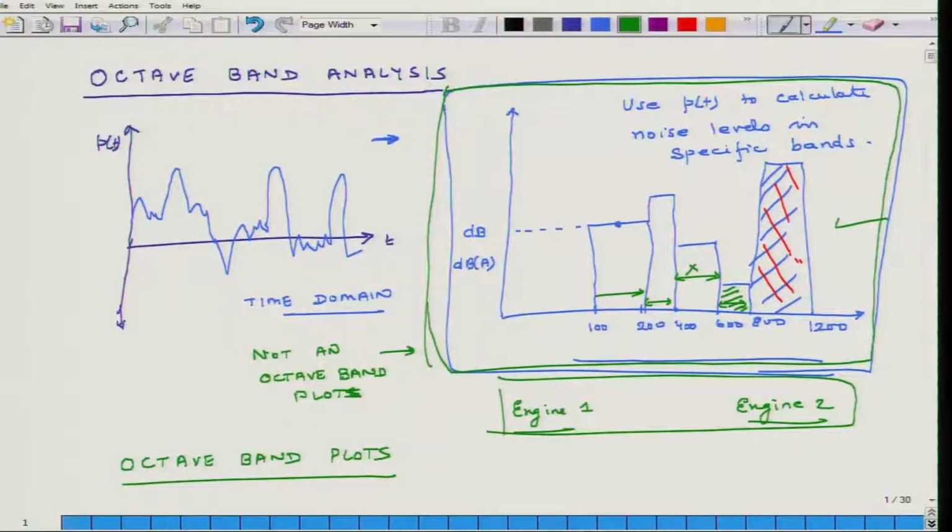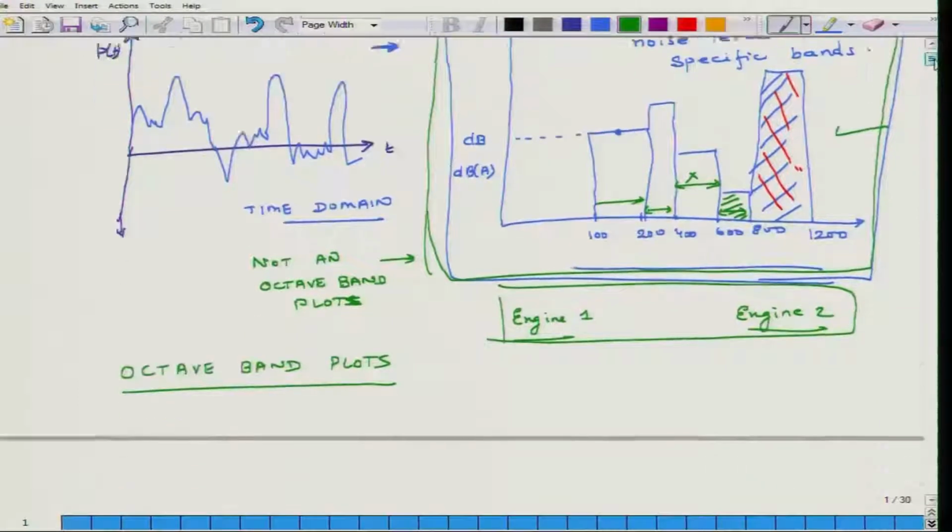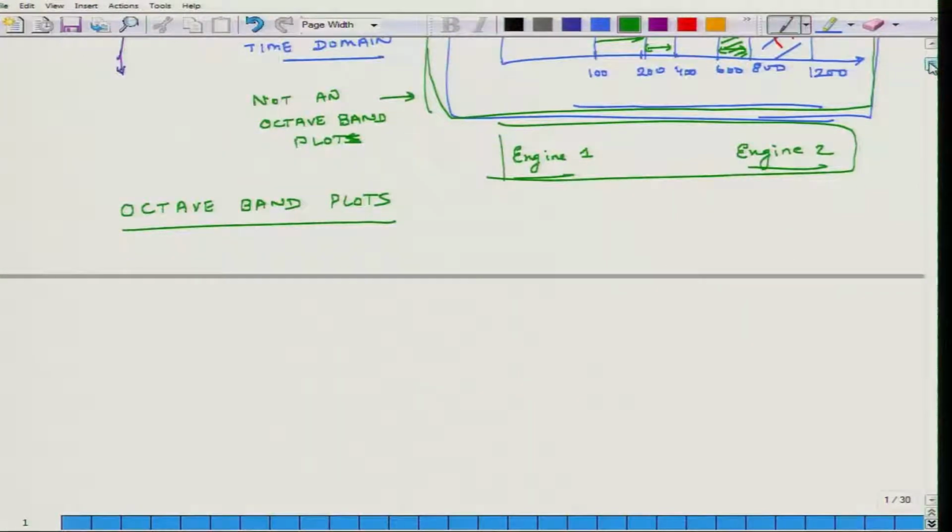So, in octave band plots we make similar graphs, but we plot the noise energy for a band which is 1 octave wide. So, the ratio of the upper frequency limit to the lower frequency limit in each band is 2. Okay. So, these are known as octave band plots.